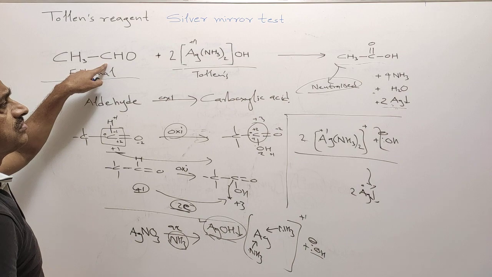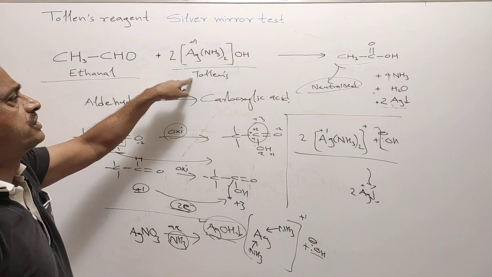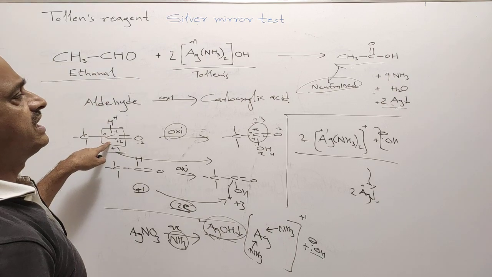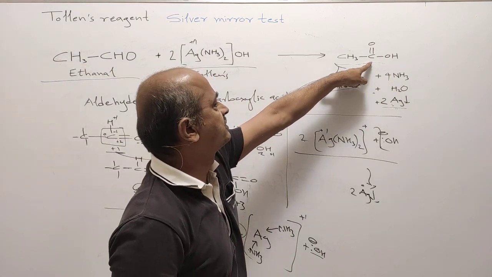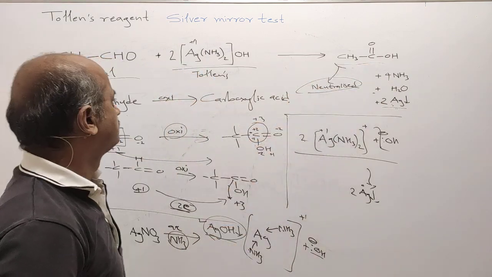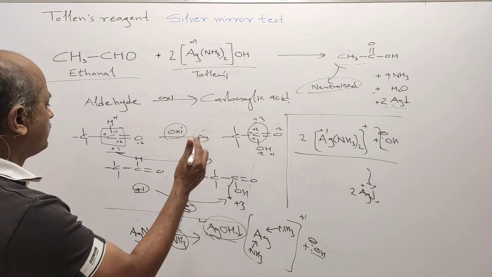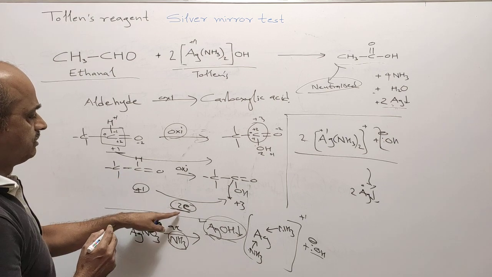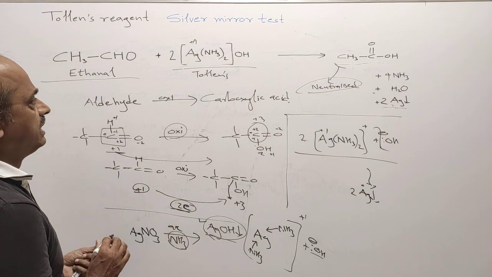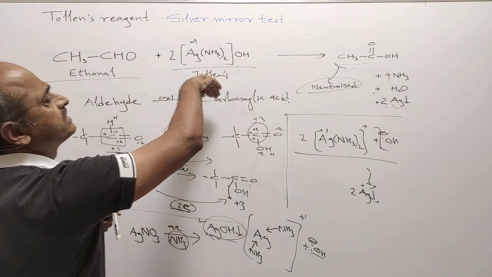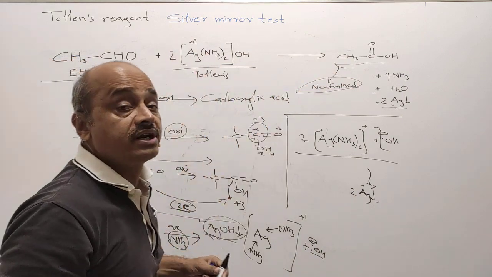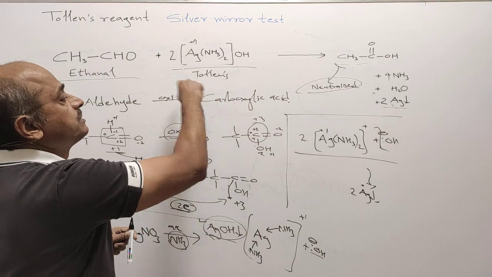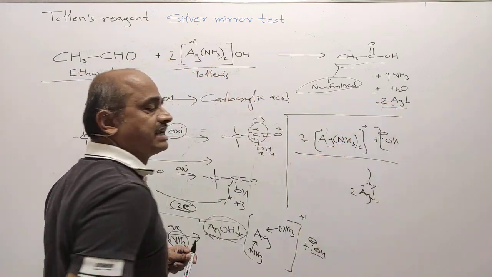The aldehydic functional group with Tollen's reagent gets oxidized to the carboxylic functional group. It means the +1 oxidation number of the aldehydic carbon gets converted into the +3 oxidation number of the carboxylic acid. So 2 moles of electrons are made available per molecule. And when the +1 silver gets reduced, something else gets oxidized. So 2 moles of Ag plus ion will get converted into metallic silver.